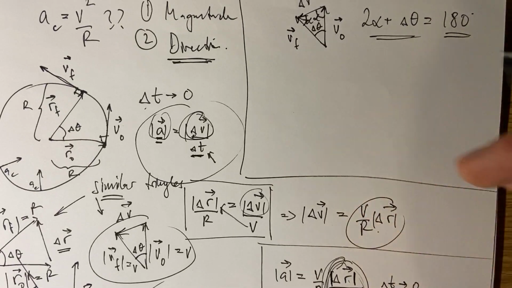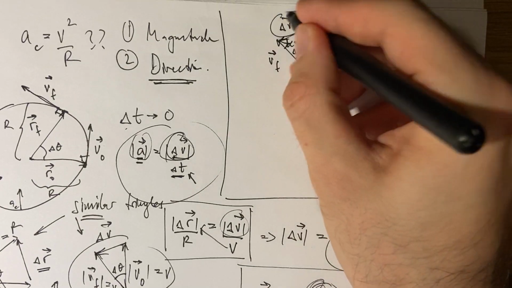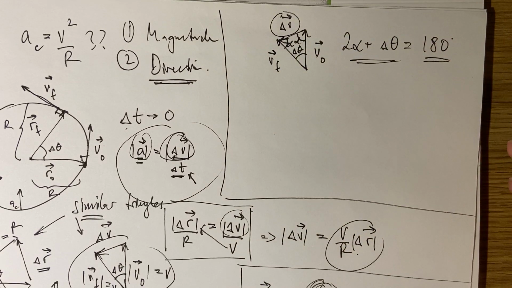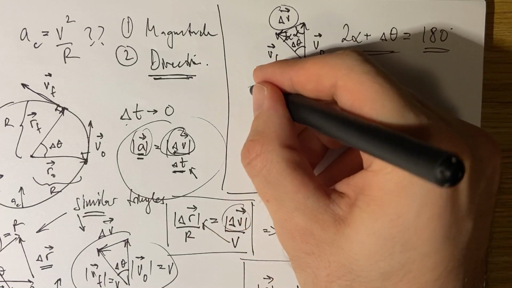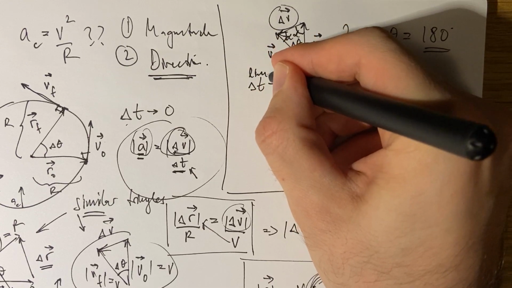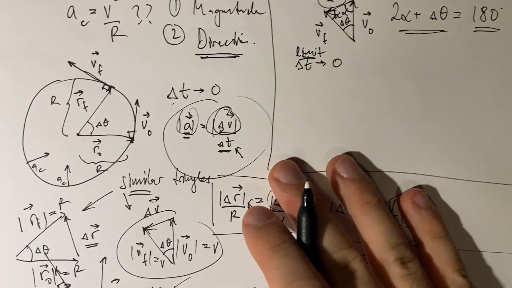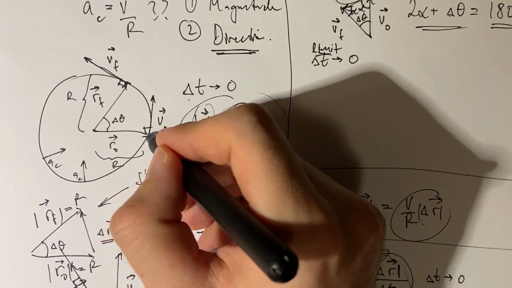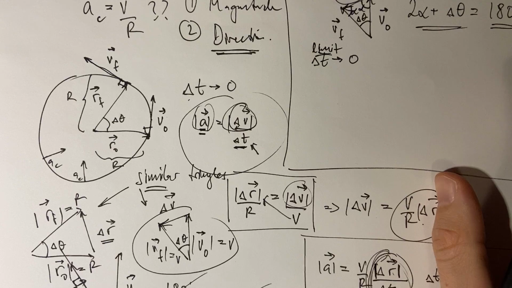So we must calculate the direction of the change in the velocity vector here, delta v. And we want to do that again by letting delta t tend towards 0, because we want to calculate the instantaneous acceleration at any point along the circular path.